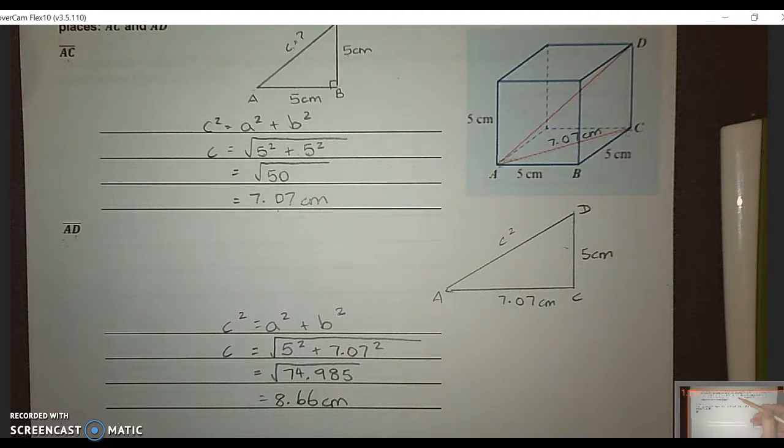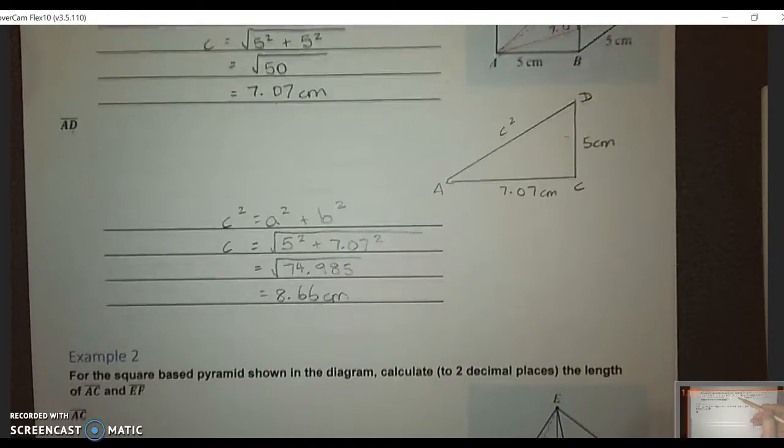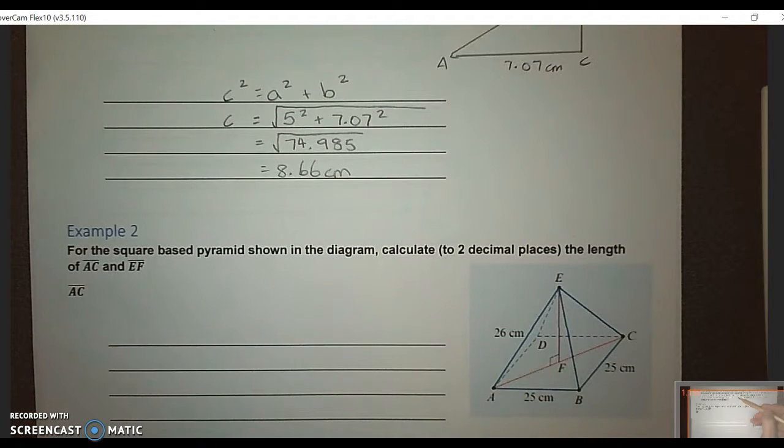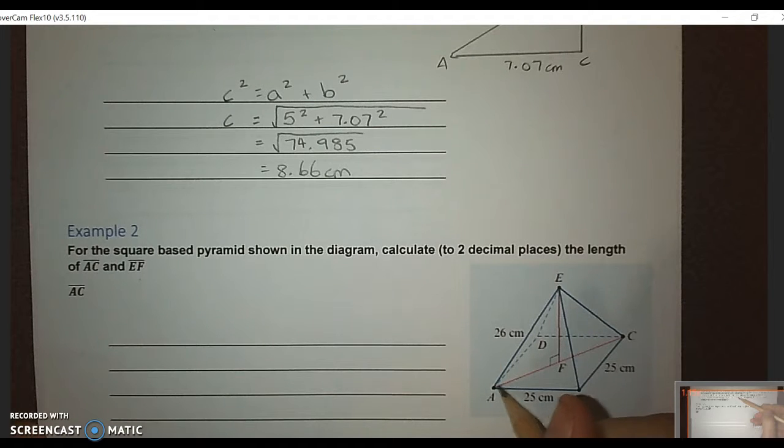So now we're going to move on to a square base pyramid. The first question says, here is our square base pyramid. Calculate the length of AC and EF. So AC, here is our triangle.